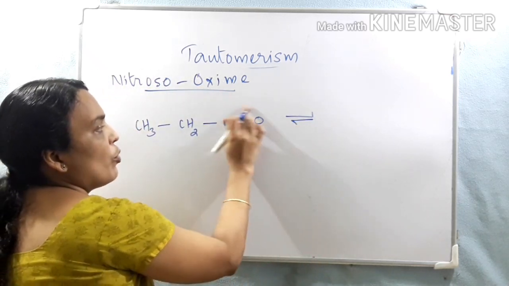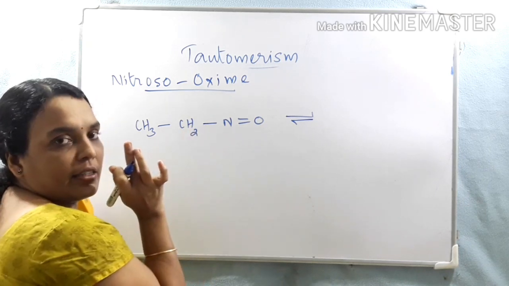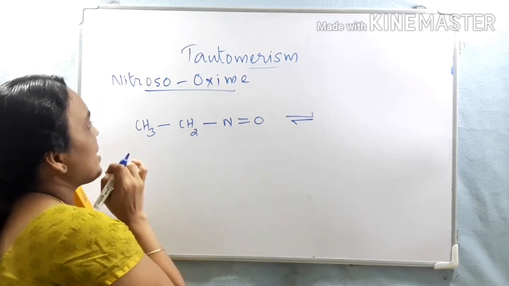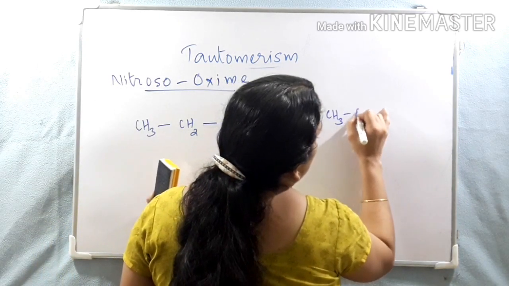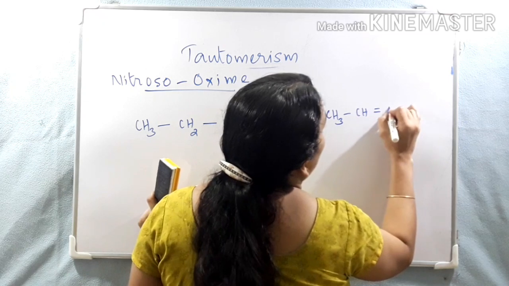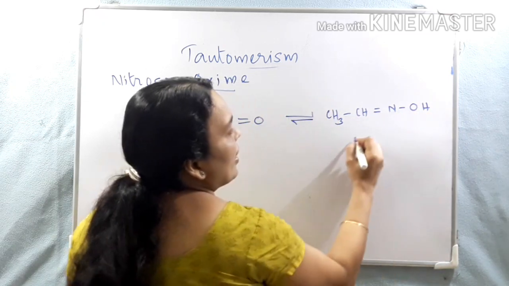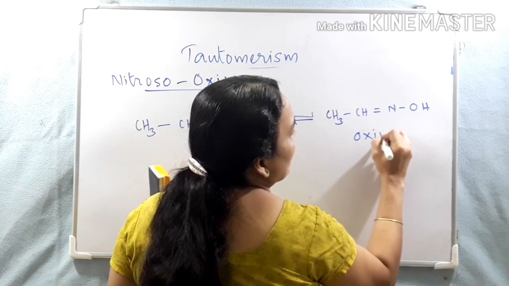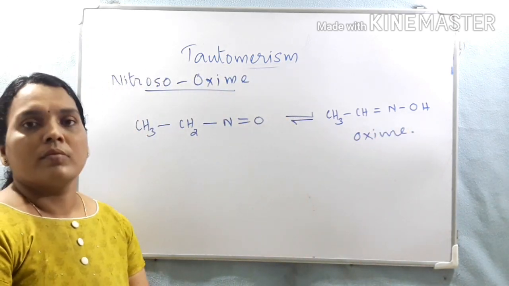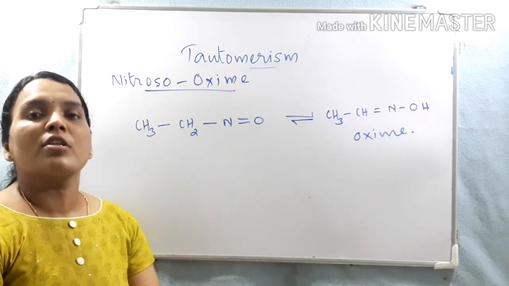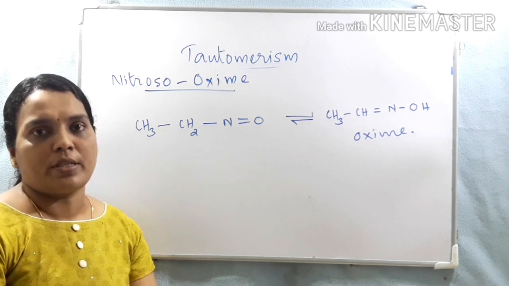This group is the functional group, this is alpha carbon, and this hydrogen is alpha hydrogen. So this H plus is migrating. So we have CH3, CH double bond N single bond OH. It is called oxime. This is nitroso-oxime tautomerism.